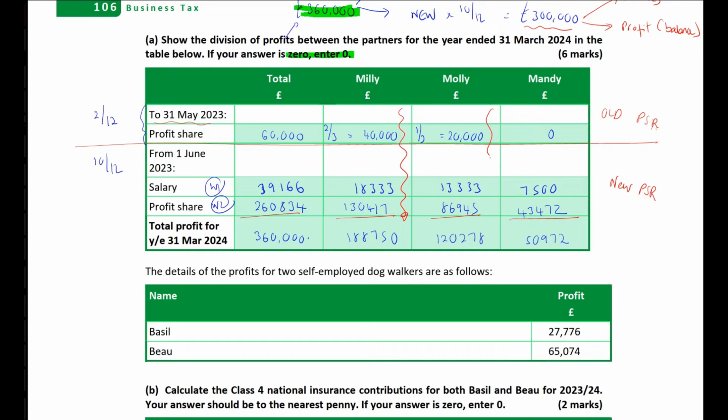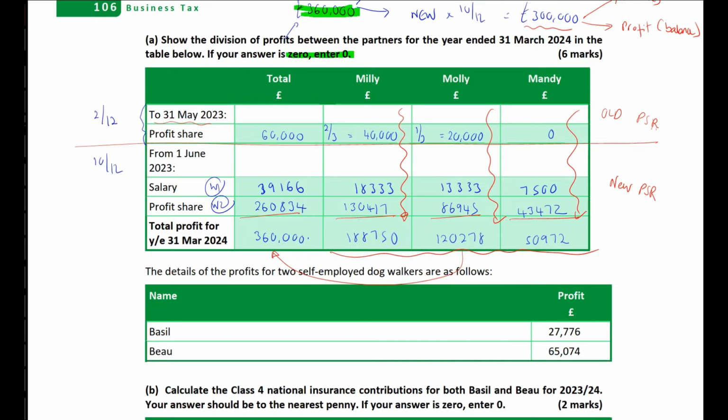So adding together everything in each of these columns. And when that's done, add together the three columns and check that the profit that you've allocated to your three partners does indeed add back to the 360,000 that we actually were hoping to share at the very beginning. So that's a lovely little double check for us at the end of the question there.